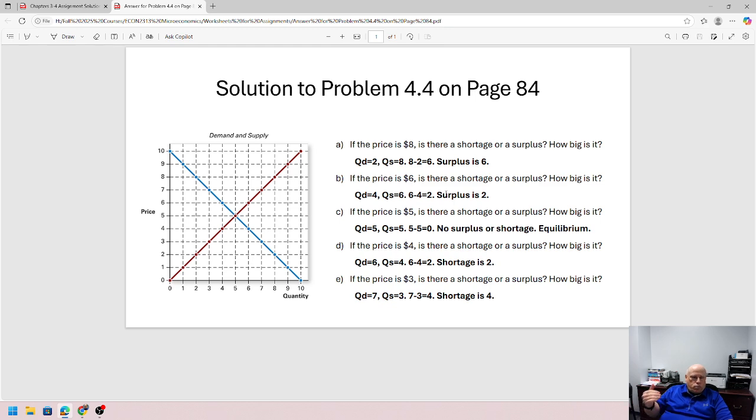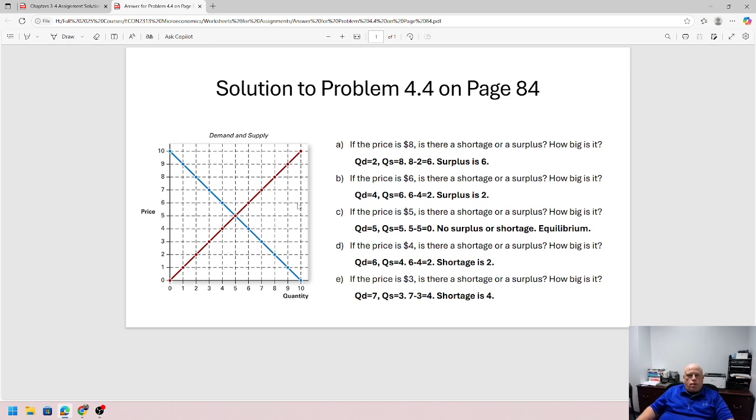Well, if the price is $8, which is right here, the quantity demanded is 2, and the quantity supplied is 8. So you would take 8 minus 2, which is 6, and since quantity supplied is, in this case, greater than quantity demanded, we will have a surplus of 6.